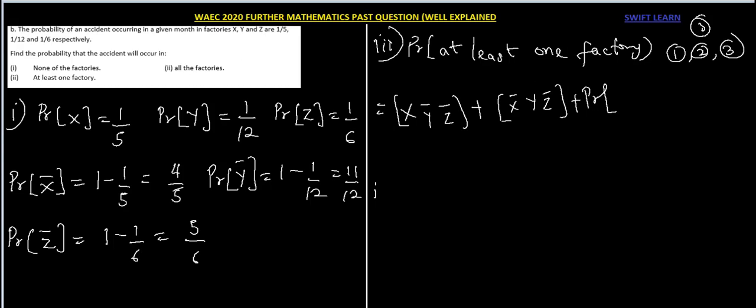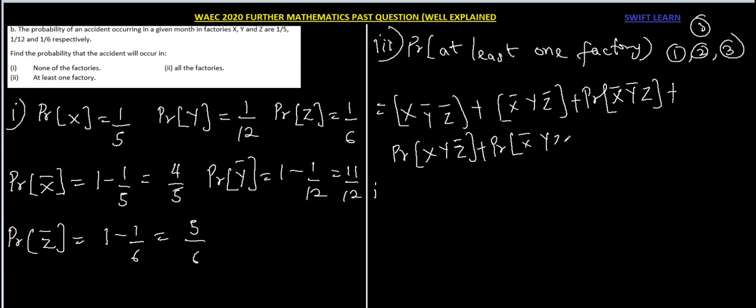So looking at this, the list will be so long. You are going to have the probability of maybe, okay, x does not have an accident, y does not have an accident, then z has an accident, plus the probability of, you now start doing it. Maybe we have at least one, that means this and this, then not of z, plus the probability of not of x, then y and z, like that.